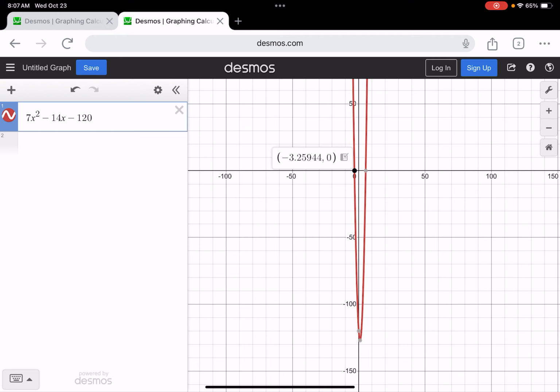And then the other point is at 5.25. That is interesting. Okay. Well, let me just tell you the answer that Desmos gives.